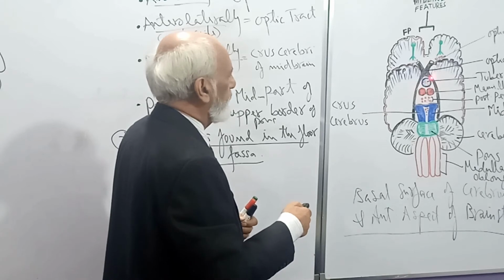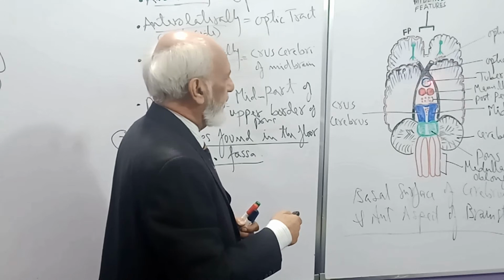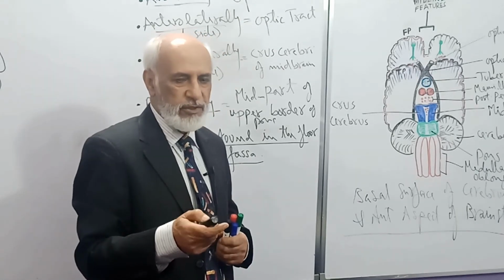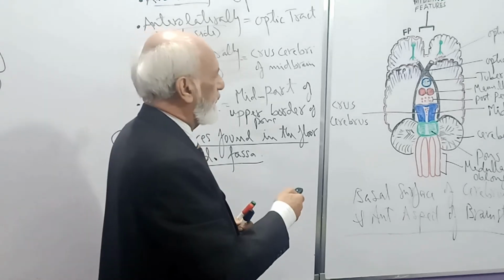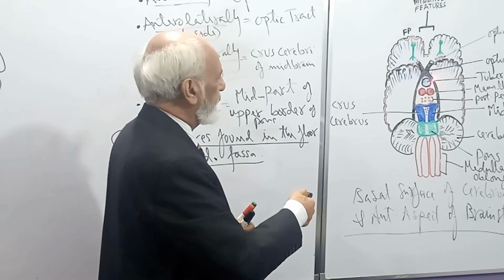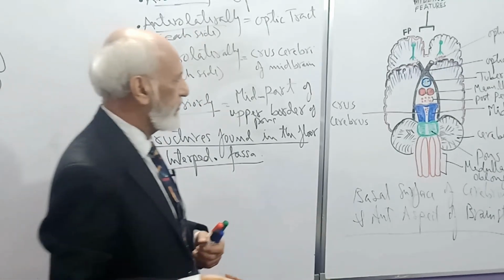You know, this tuber cinereum is a layer of gray matter and it projects downwards in the form of a small conical projection called the median eminence, and from the median eminence the pituitary stalk runs downwards, to which the pituitary gland is attached.